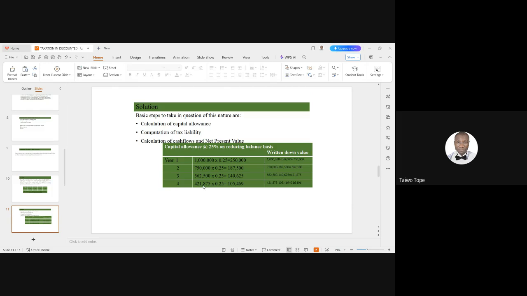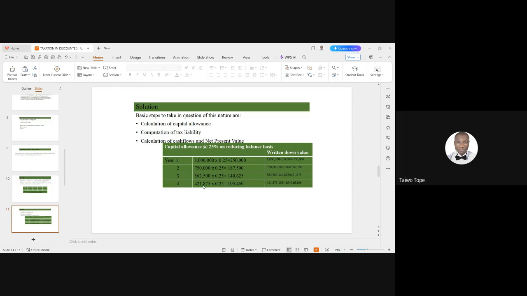In year one, the value of the asset is what? 1 million. Now, 25% on 1 million will give you the capital allowance for year one, which will be 0.25 multiplied by 1 million, you have 250,000.